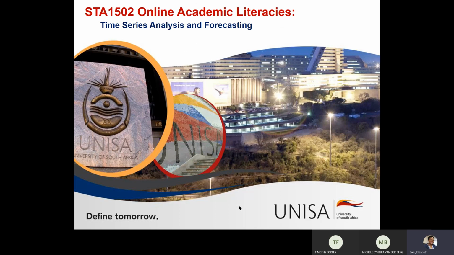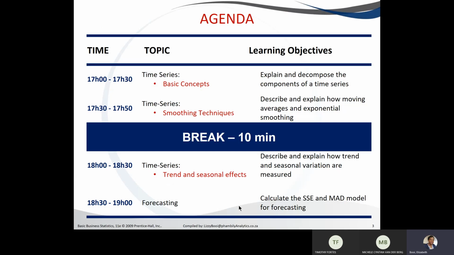So today we're going to do time series analysis and forecasting. Because it's a very long session, we're not going to waste more time. I might also do some of the exercises that you were going to do so that we can save more time.